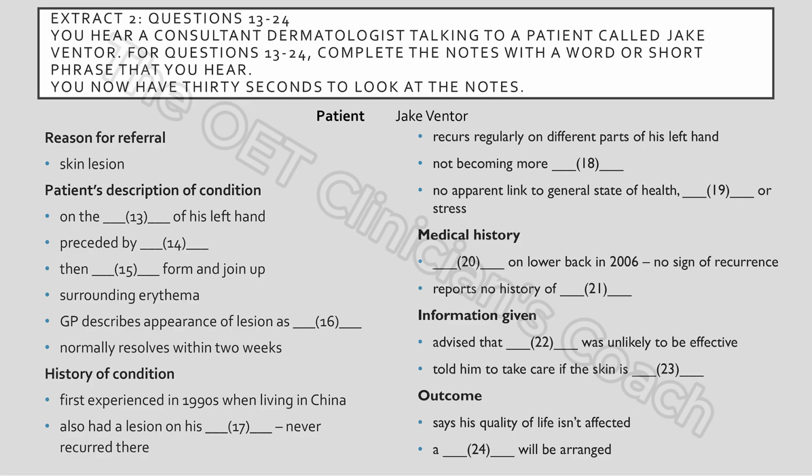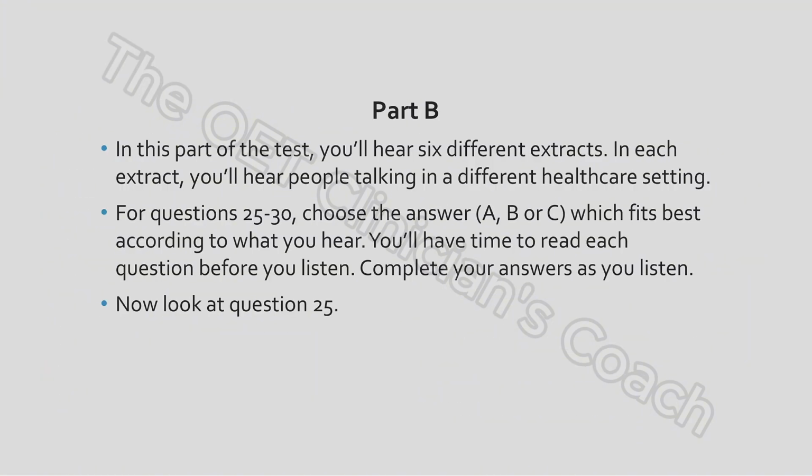That is the end of Part A. Now look at Part B. Part B. In this part of the test, you'll hear 6 different extracts. In each extract, you'll hear people talking in a different healthcare setting.